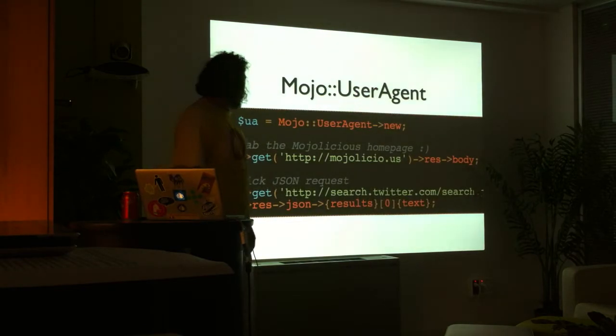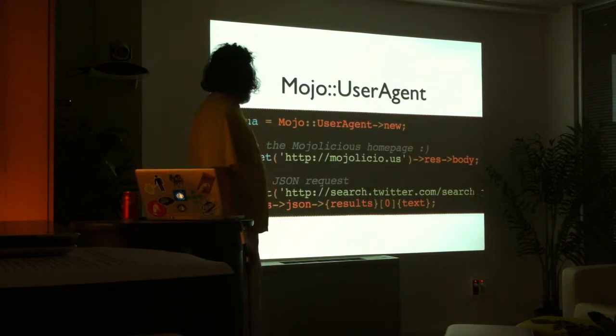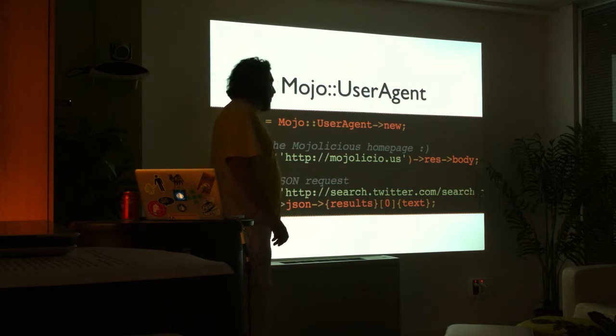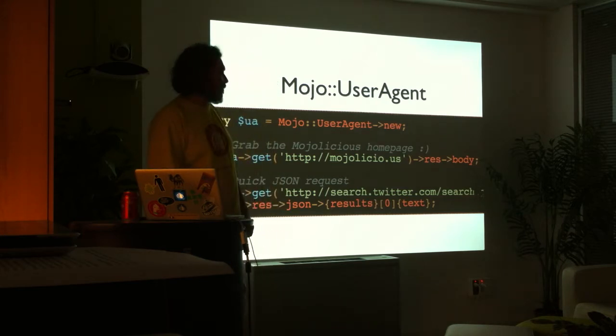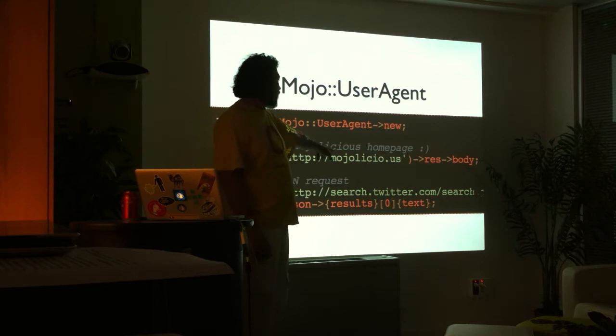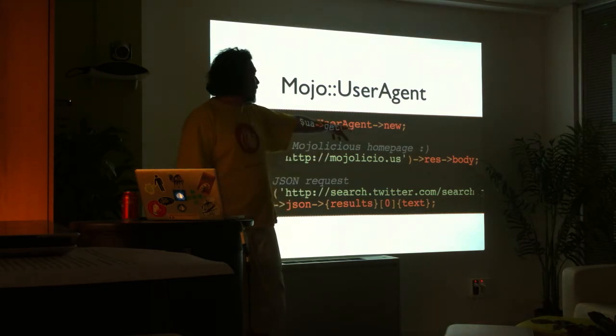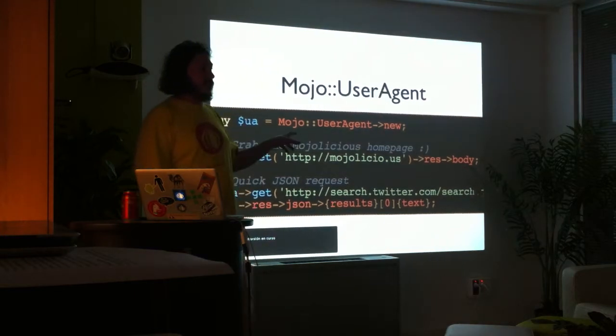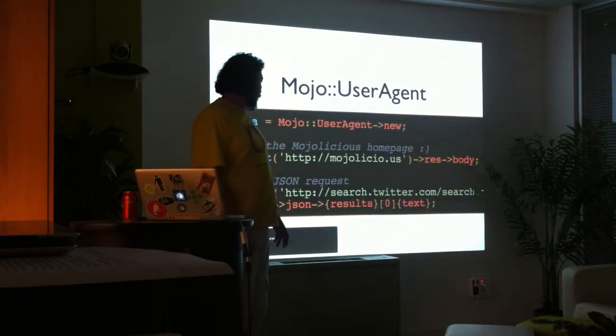So we build a new user agent and we grab the Mojolicious homepage. That's easy. We use the verb; we can use any verb we want. We get the response object, and from the response we get the body of the response, not the body of the HTML, the body of the response.